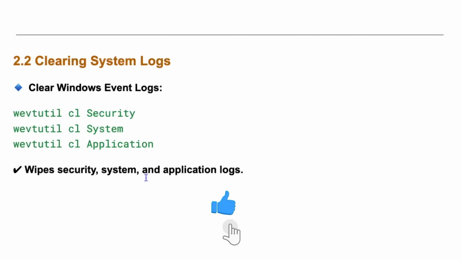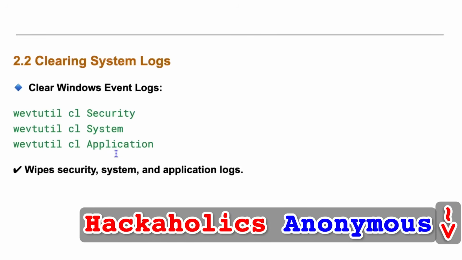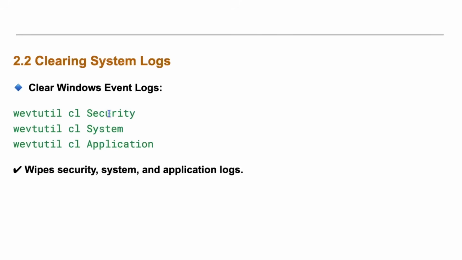Now, this one specifically has to do with the security, system, and application logs, which are some of the more commonly updated logs as a pen tester does what they do. The security logs will have new events in them that track the activities you deployed as you went through your pen test.